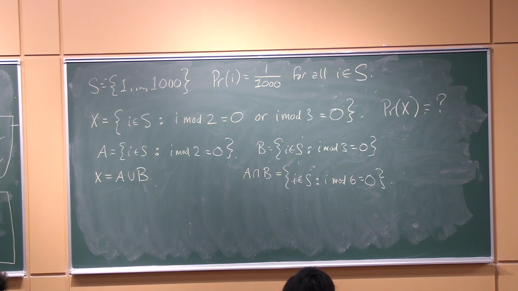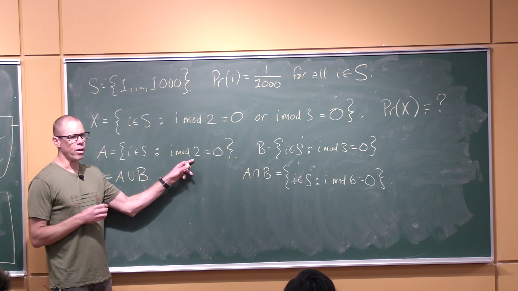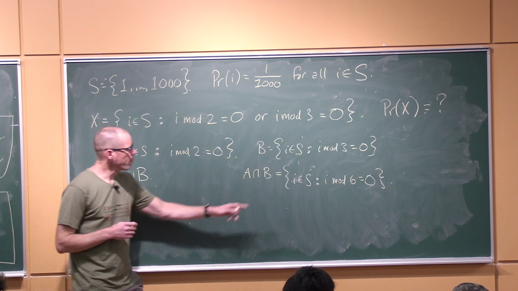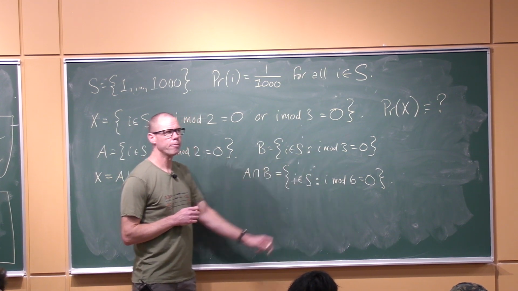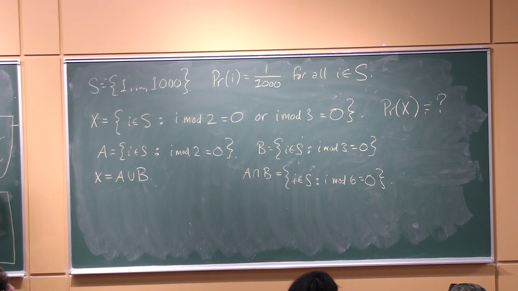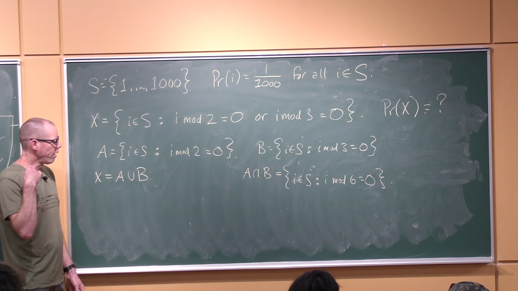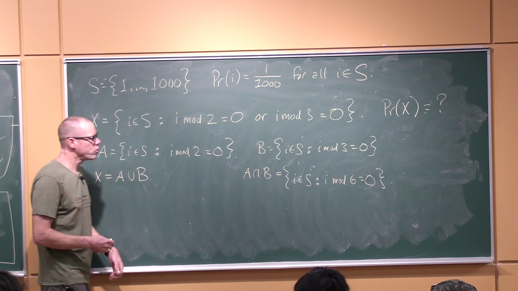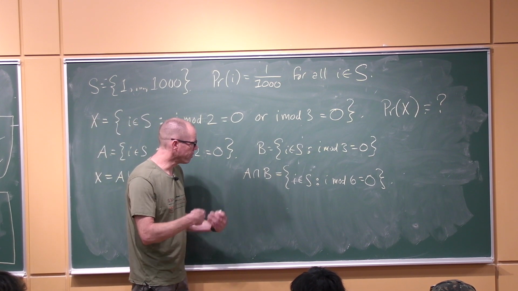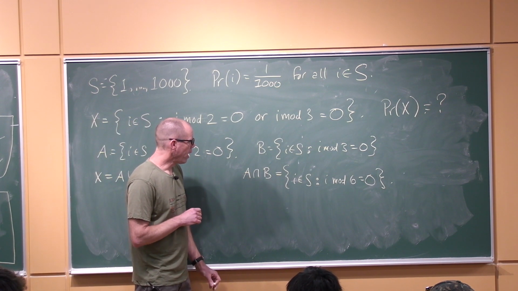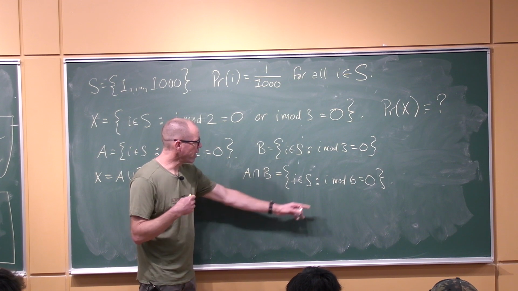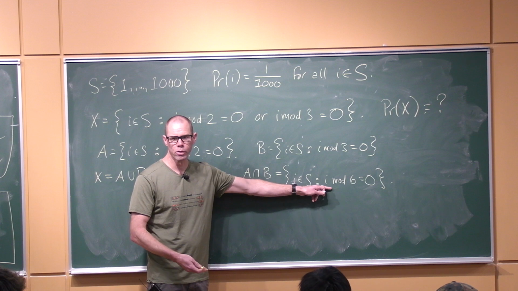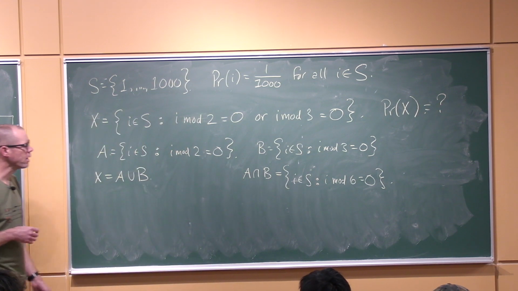So if I'm an integer and I'm even, so I'm divisible by 2, and I'm also divisible by 3, that means if I first divide myself by 2, I'll get an integer, and that integer is still divisible by 3, so I can divide it by 3 and get an integer, which means that I'm divisible by 6, because I just divided by 2 and then again by 3 and got an integer, which is the same thing as dividing by 6.